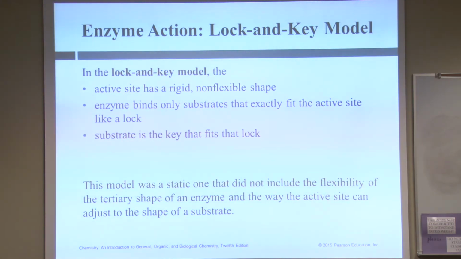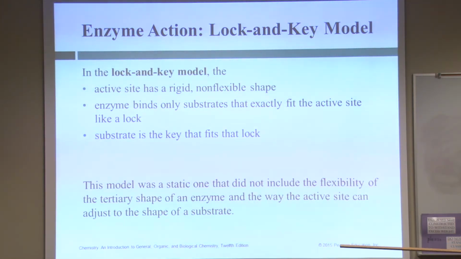There are two theories. This is the lock and key model. The active site and the substrate are like a lock and key. You can open a lock with only one key, so it is specific. So the substrate and the active site are like lock and key, very specific.